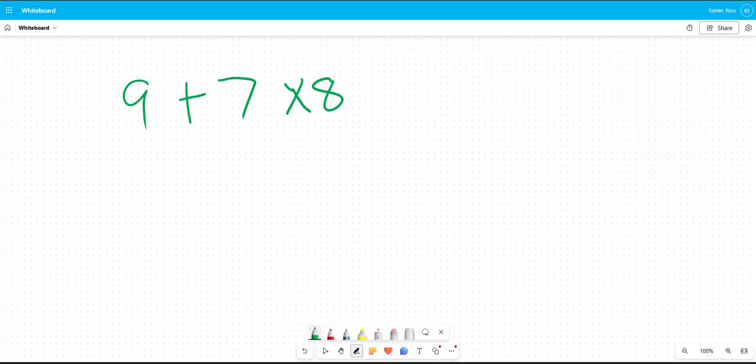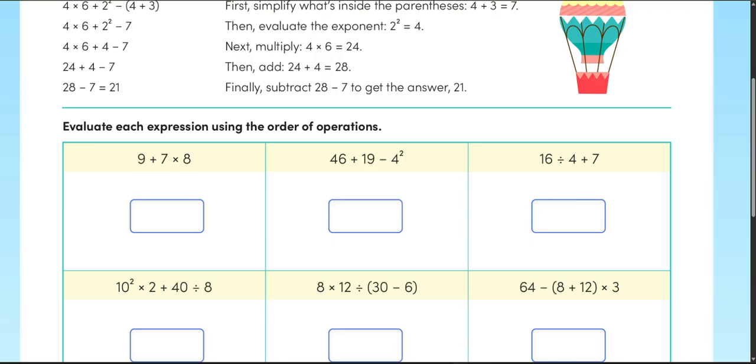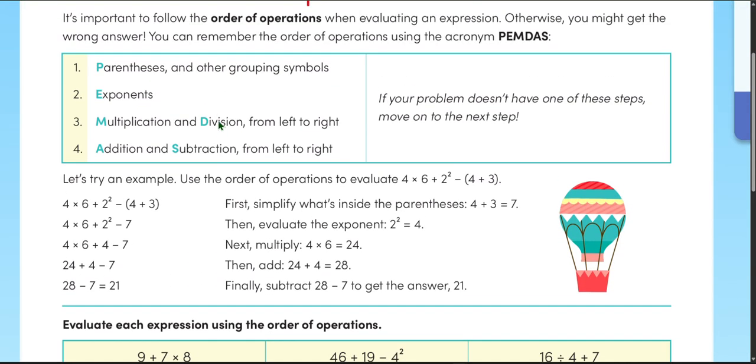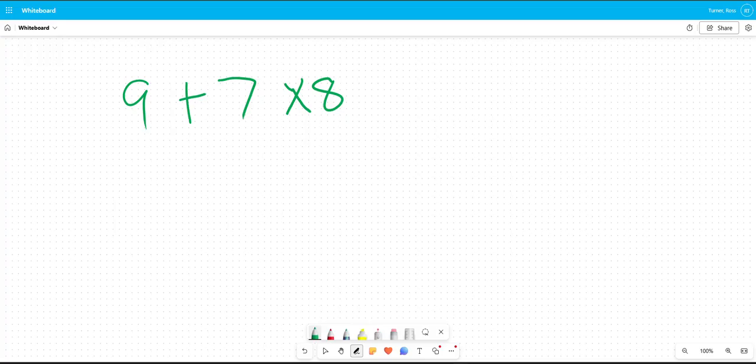And as we see when we're looking at PEMDAS, in the order in which we should solve it, we're supposed to do number 3 first, multiplication and division from left to right, and then we go into addition and subtraction. So we're going to solve 7 times 8, which equals 56. And then I'm going to rewrite my equation. 9 plus 56, we add it on.